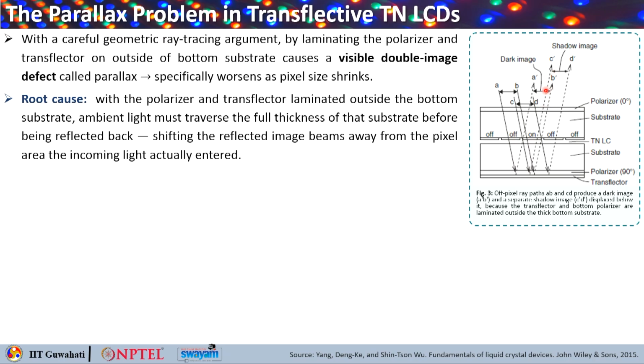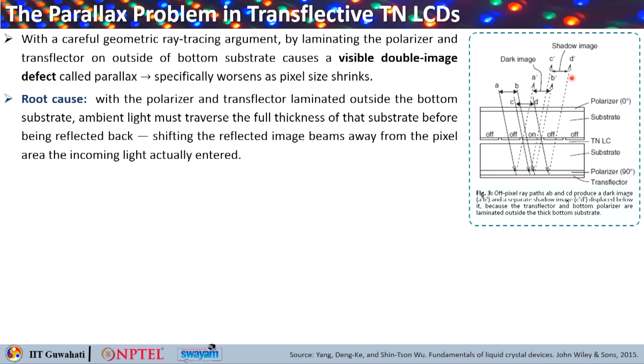However, CD gives a separate shadow image C prime D prime below it, because the transreflector and the bottom polarizer are laminated outside the thick bottom substrate. So the main root cause of this problem is that the polarizer and the transreflector are laminated outside the bottom substrate.